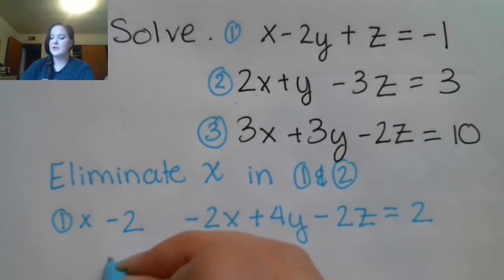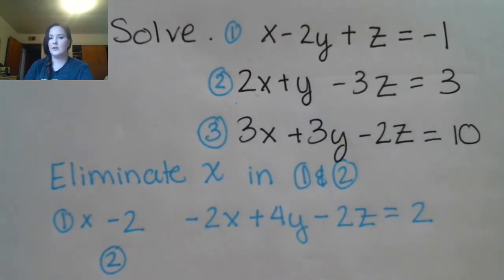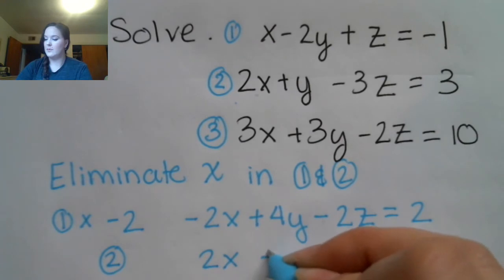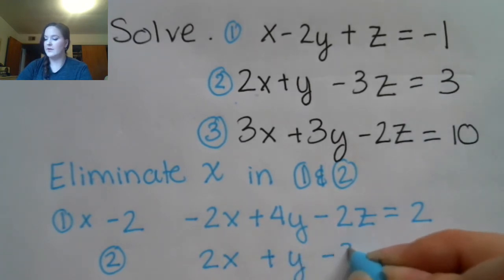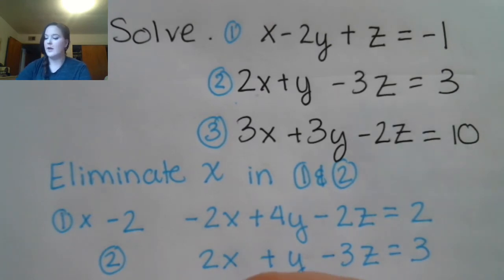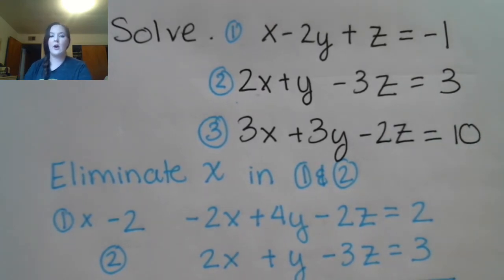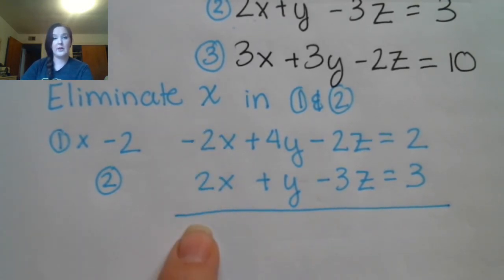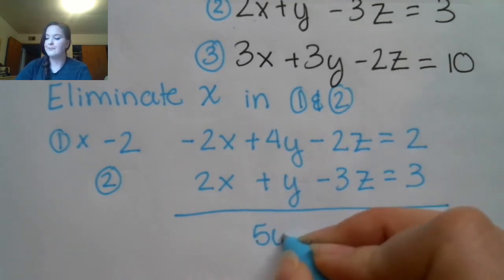And then I'm just going to copy my second equation. So I have 2x plus y minus 3z equals 3. And just like you do in combinations, you add them together. So -2x plus 2x is 0. That was the point. 4y plus y is 5y.